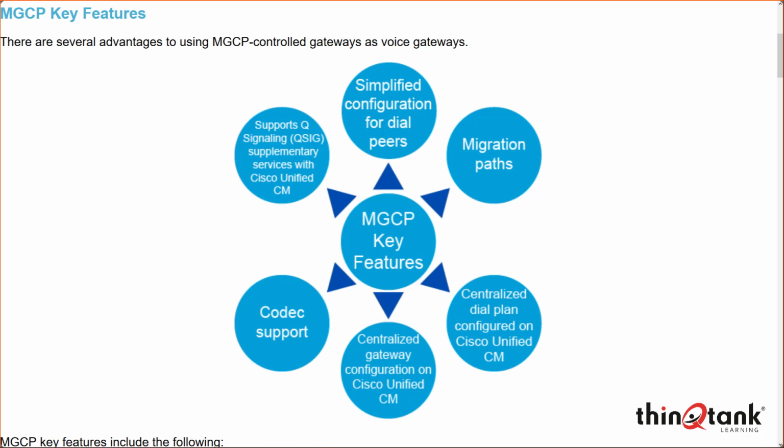QSIG is an interesting concept. QSIG is a signaling protocol that's based in the ISDN architecture, right? So it was typically something that we saw between the PBX and what we call the PISN, or the private integrated services network. And it's based on Q.921 and Q.931 signaling.